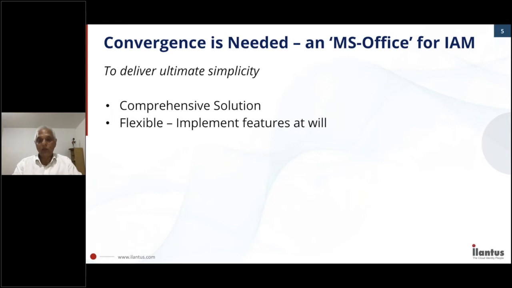Some would like to begin with just identity governance. For some, identity administration is the starting point. And for a large number of customers, access management could be the starting point. So that flexibility should be available in an MS Office for identity and access management.